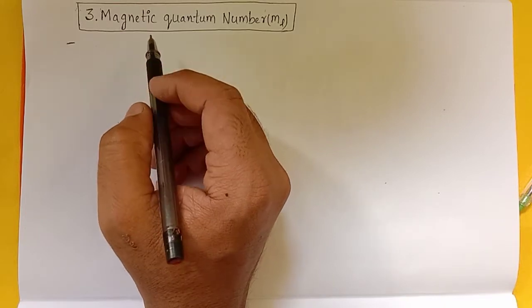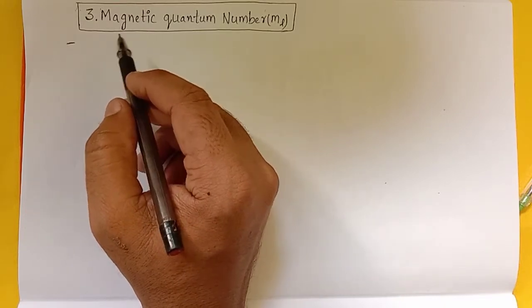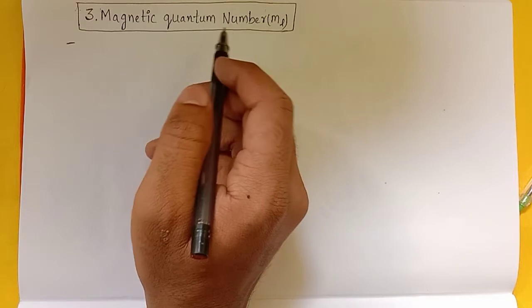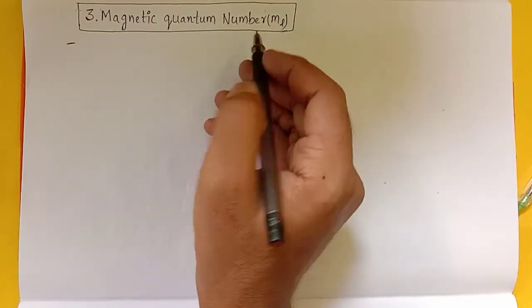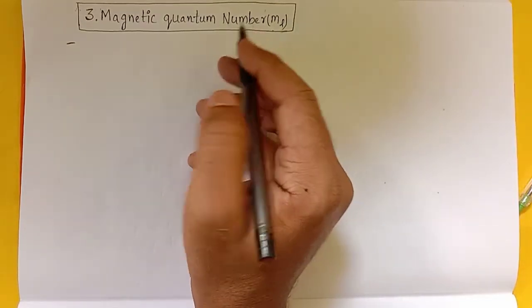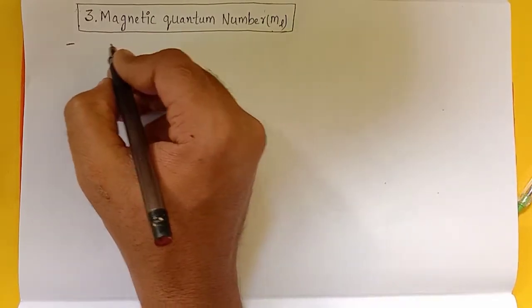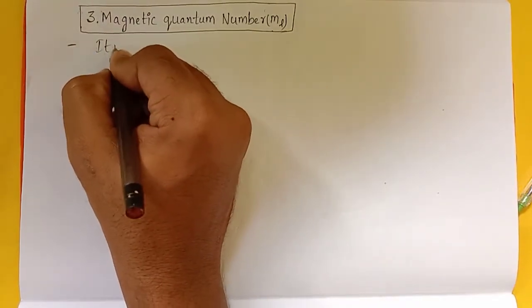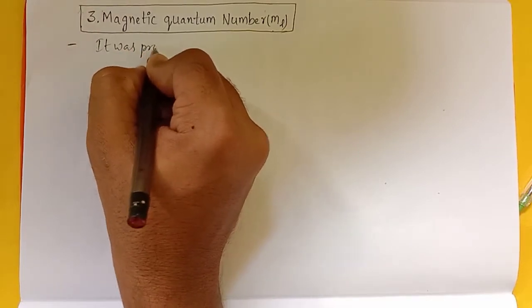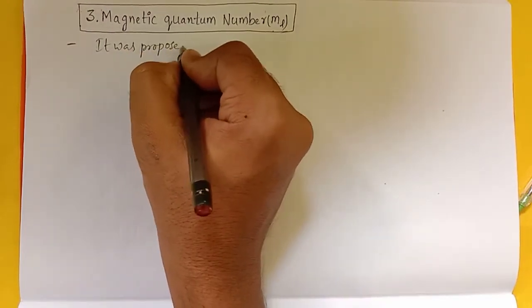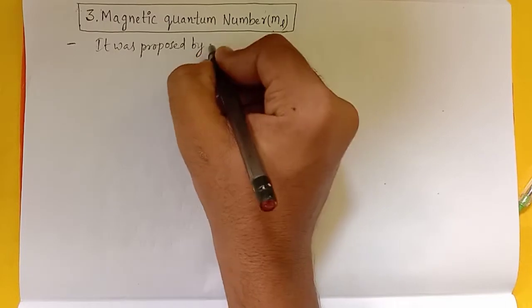Students, today we are going to discuss the third type of quantum number, the magnetic quantum number, which is indicated with ml. The magnetic quantum number was proposed by Lande.